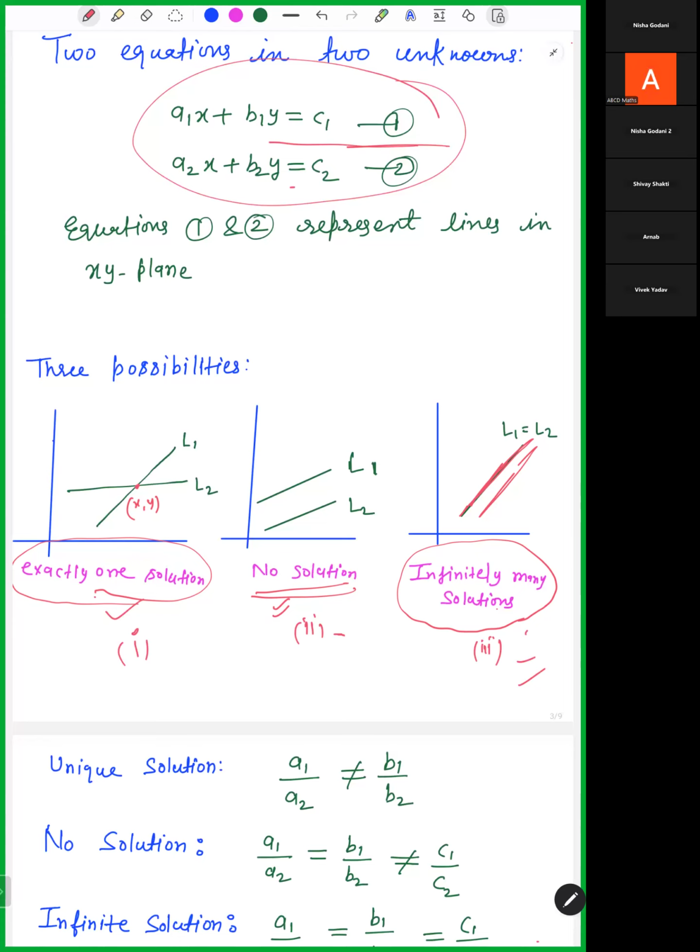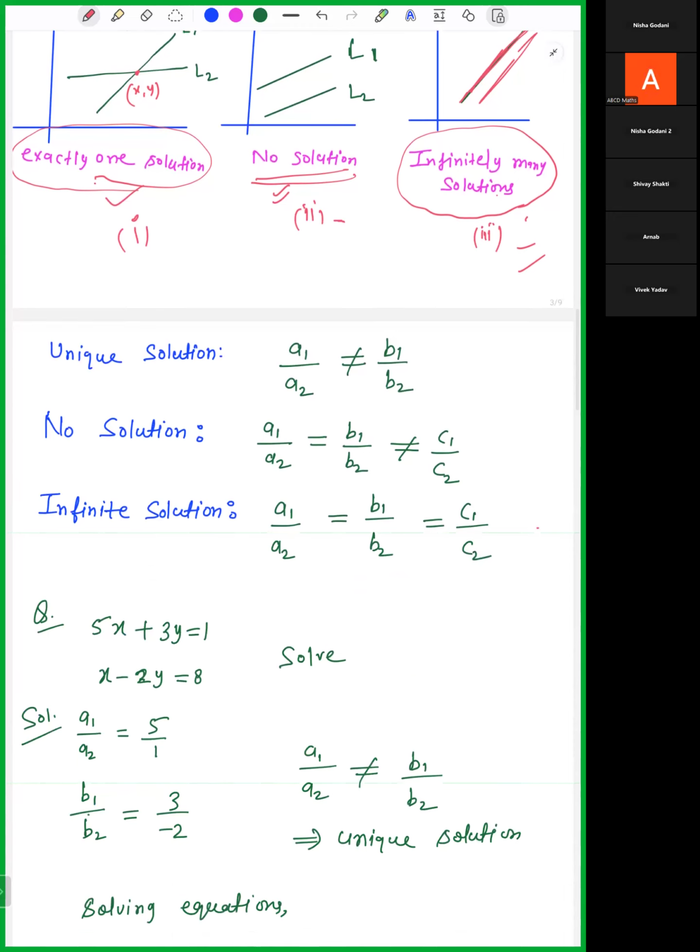How to calculate for such a system mathematically? How to find whether a solution exists or not? These are the conditions for this. You can check without drawing the equations.